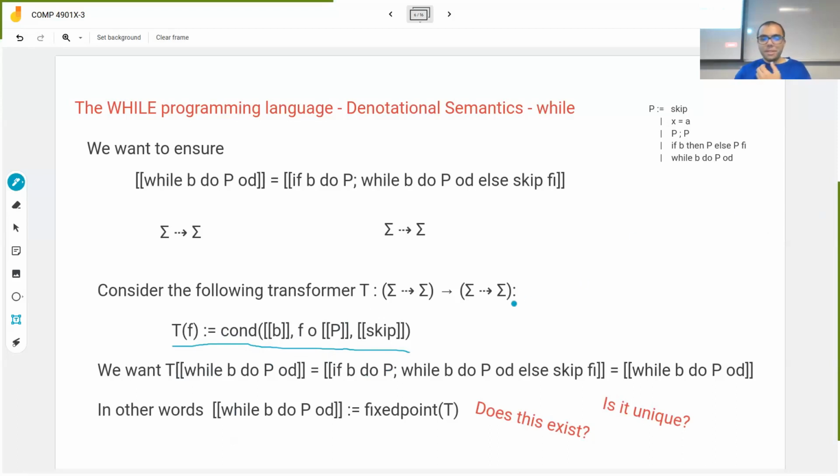Now, why am I doing this weird definition? It already looks very ugly. I mean, unless you're already doing functional programming, this looks not that nice.